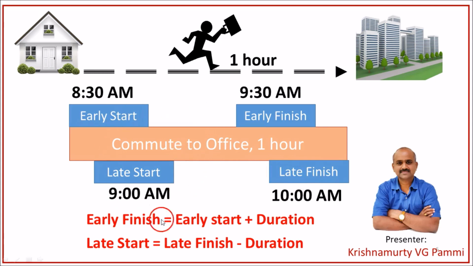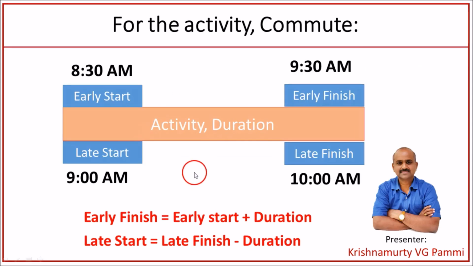So using this kind of thinking pattern, we arrive at early start, early finish, late start and late finish. The formula is early finish is equal to early start plus duration. Late finish minus duration is late start. So using these formulas, we can obtain early start, early finish, late start and late finish of an activity.